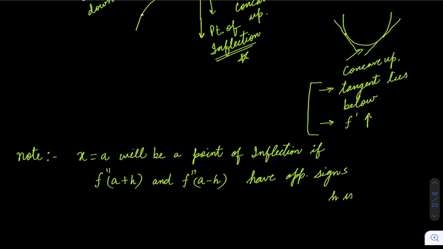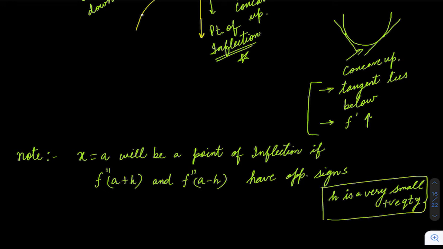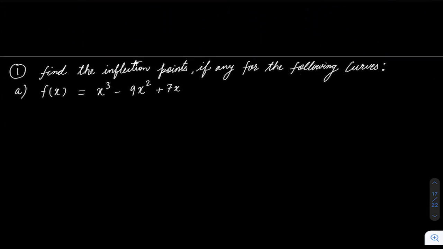What is this h? h is a very small positive quantity. I think we discussed this in first principles also. h is a very small positive quantity. Very, very small. So this is the definition that we can use to find the inflection point. So wherever the second derivative changes its sign.